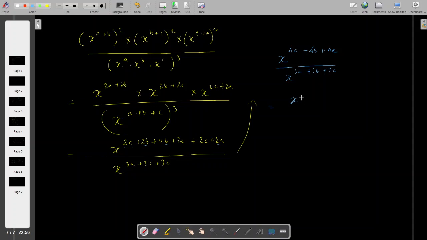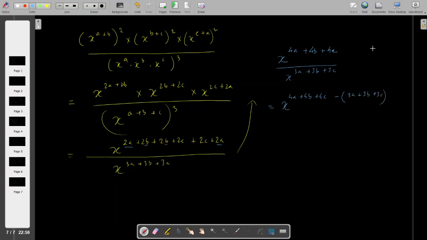Now since the bases are the same and it is a division, it will be 4a plus 4b plus 4c minus, since there are three terms, I'll take a bracket, 3a plus 3b plus 3c.